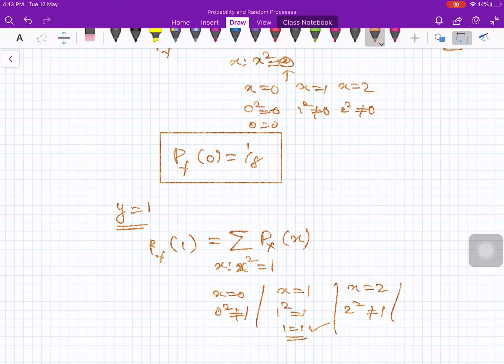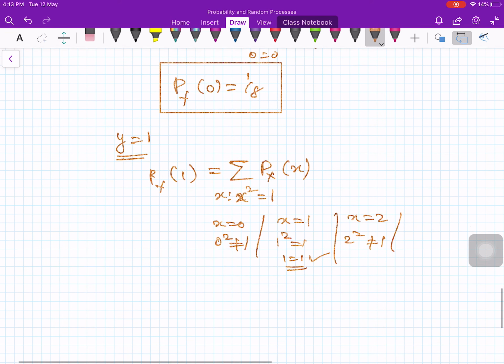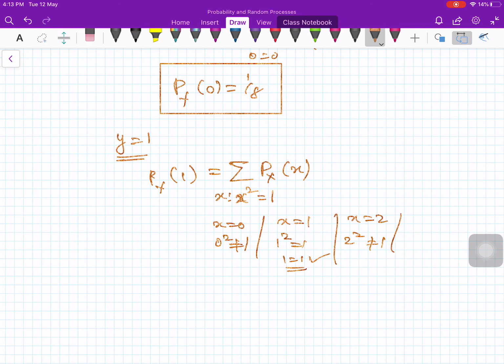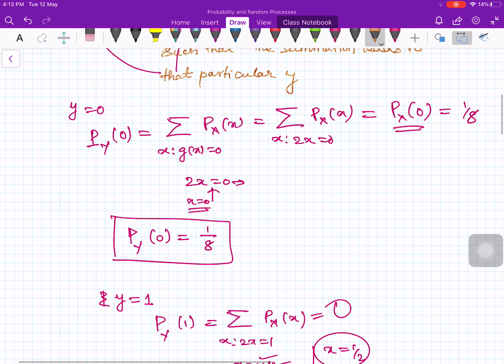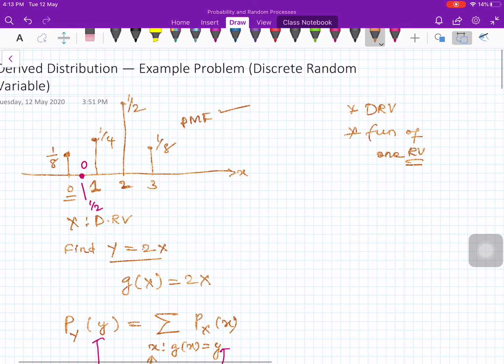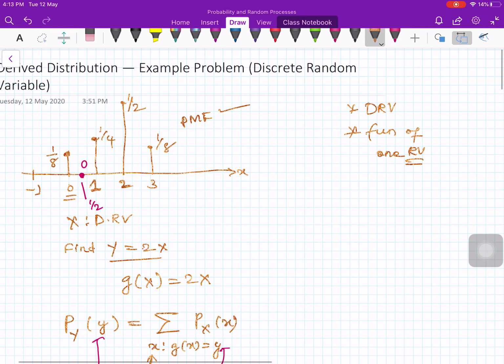One more condition also satisfies. When x is equal to minus 1, minus 1 the whole squared becomes 1, so it satisfies. But if you look at the probability mass function of x, the value minus 1 has a probability of 0, so you can leave it.